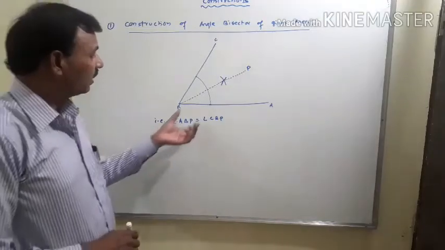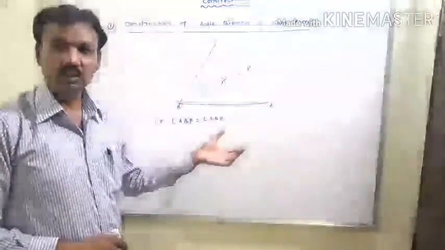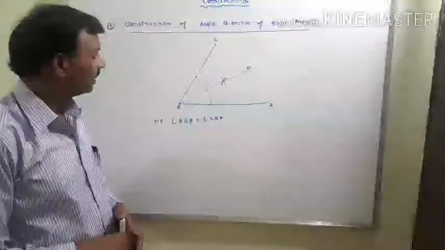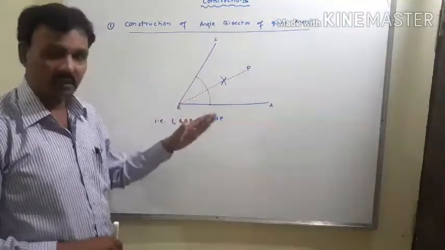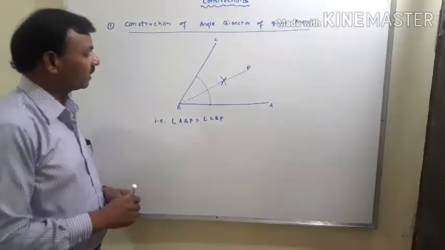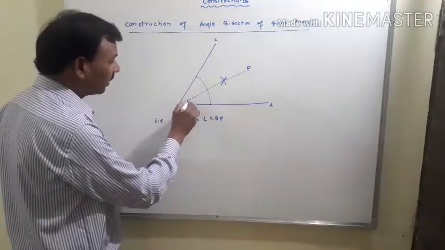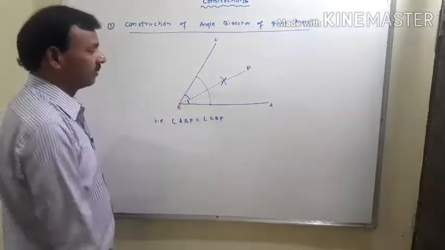But in this construction, we should justify that your construction is correct. That means you should prove that this angle and this angle are equal.